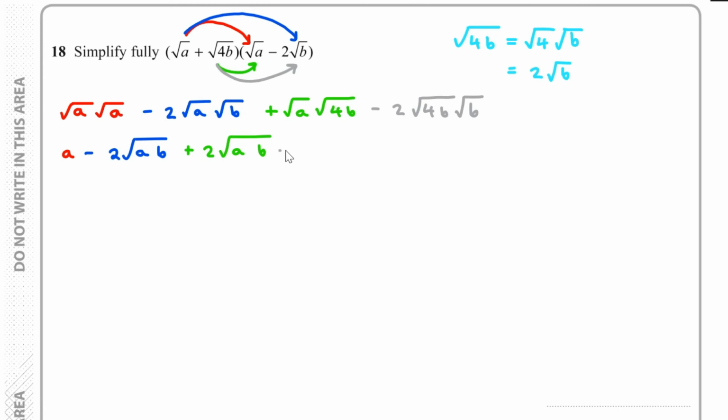And then we've got minus, well, here, same thing again.